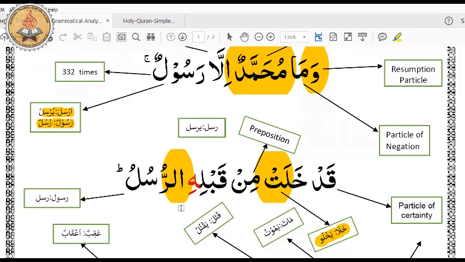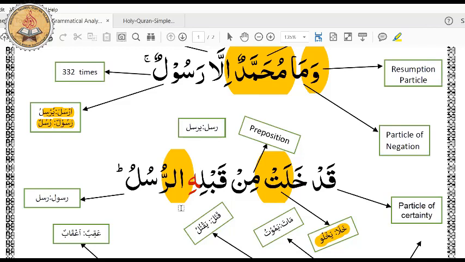So that is why the word is not khalau or khala, but khalat. Khalat is a feminine verb, and because Ar-Rusul is a broken, irregular plural, the Arabic system recognizes this word as feminine, so it has agreed with khalat.